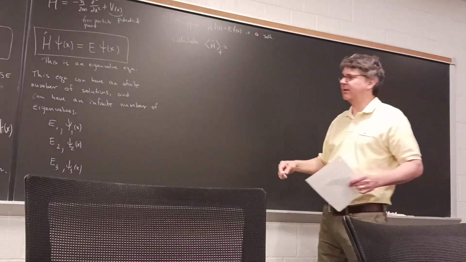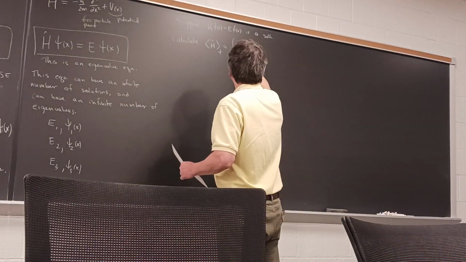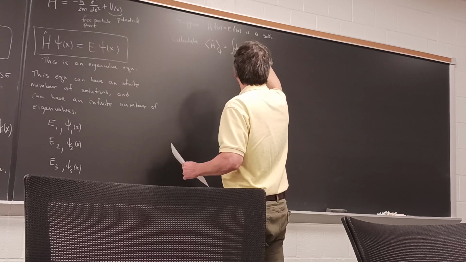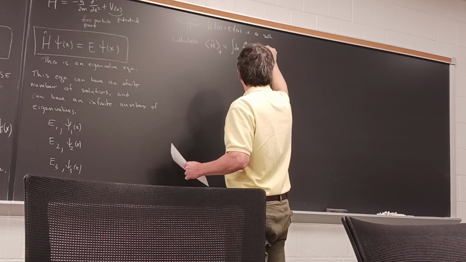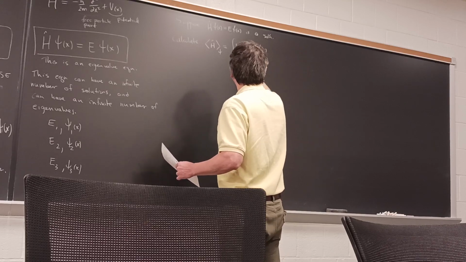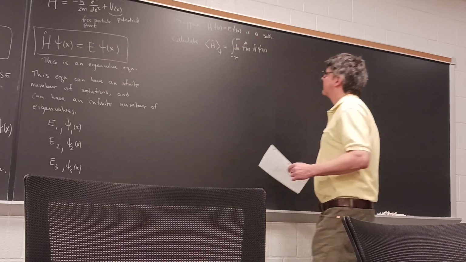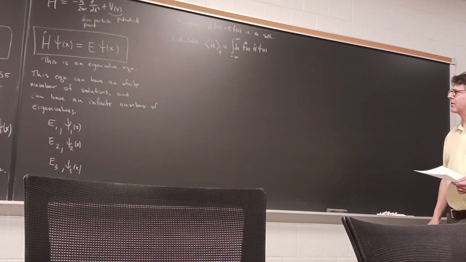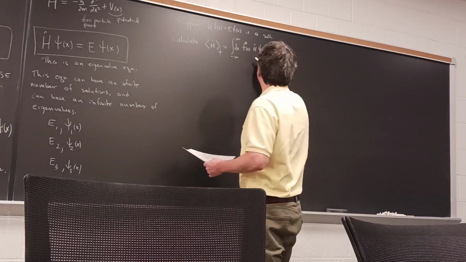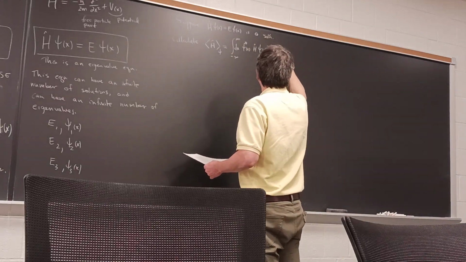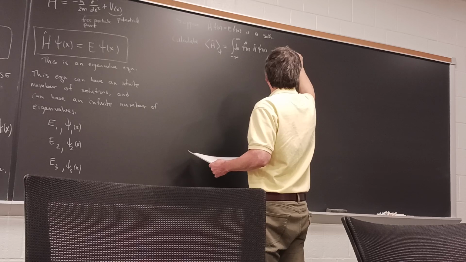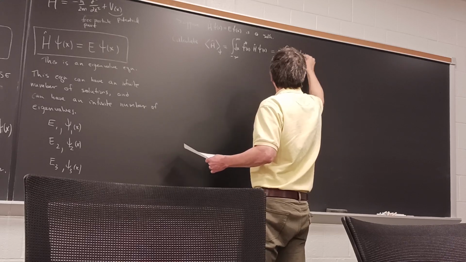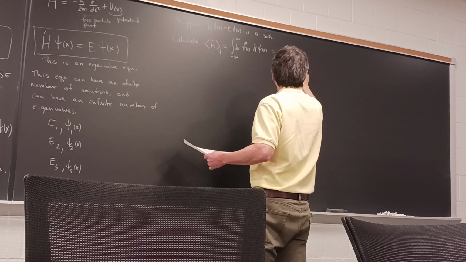This is just by definition the integral over dx of psi star of x H psi of x. And if H psi equals E psi, this is just E times the integral over dx of psi star psi, which we're assuming to be 1.